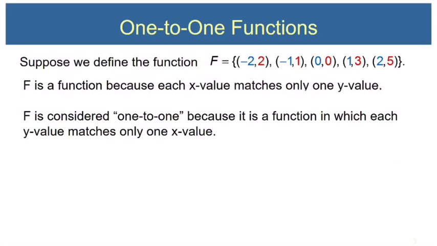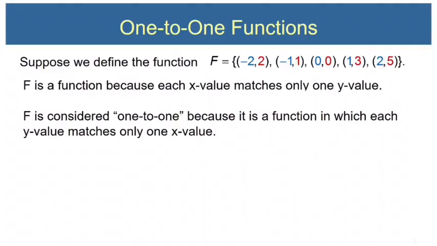Now f is considered one-to-one because it is a function in which each y value matches only one x value. So it's a function because each x matches only one y, but it's one-to-one because each y matches only one x. Notice the y value of 2 only matches an x value of -2. The y value of 0 only matches an x value of 0.